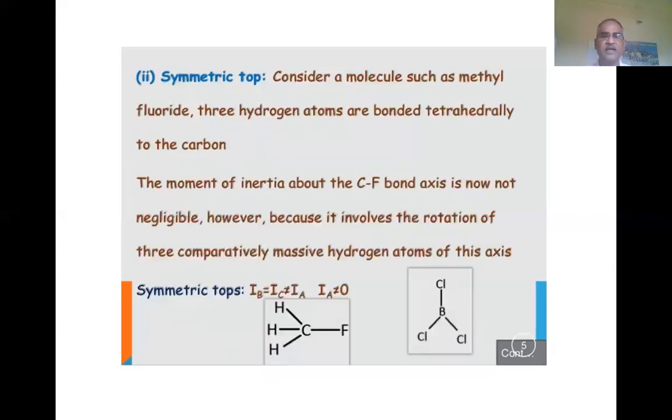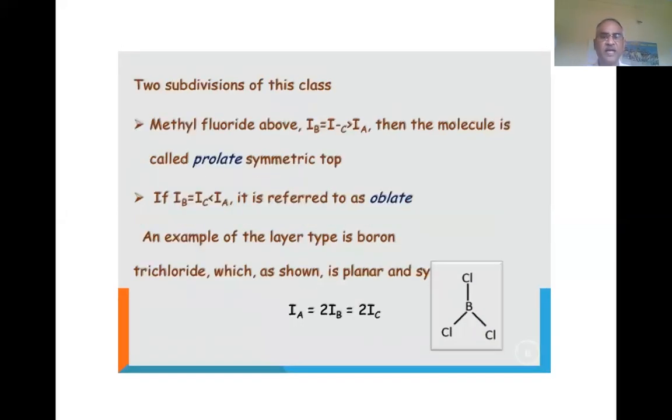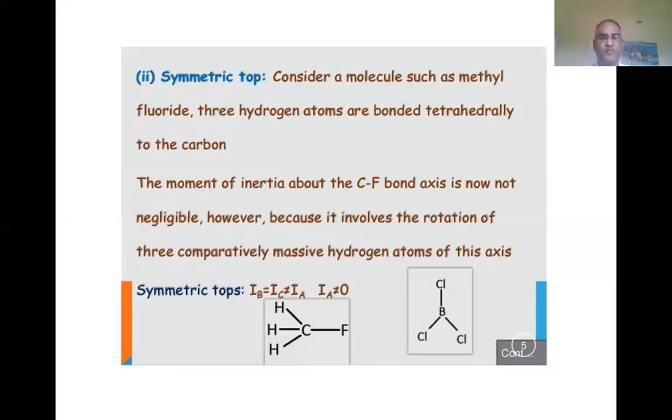And the second category is the symmetric top. Symmetric top, again, you can divide into two types, prolate and oblate. In one case, we have IB equal to IC greater than IA. That condition is for the prolate symmetric top.